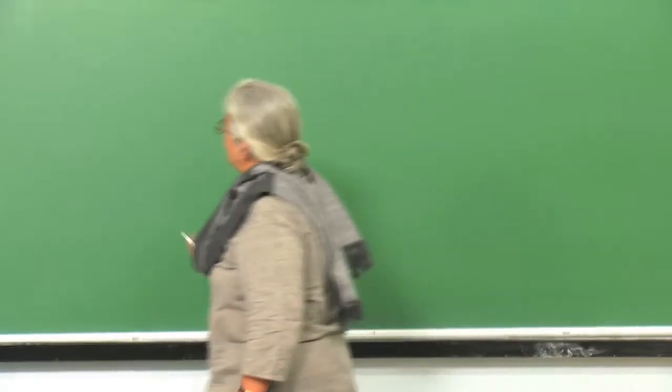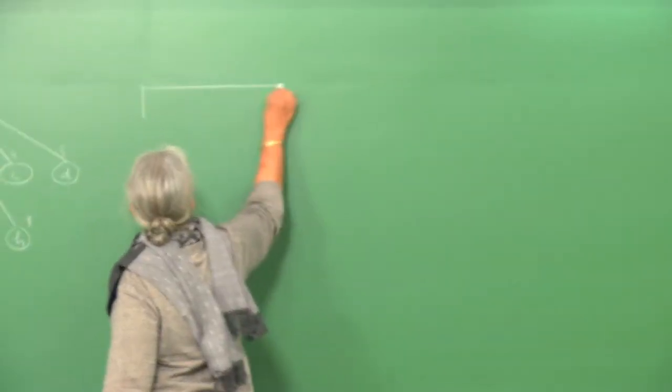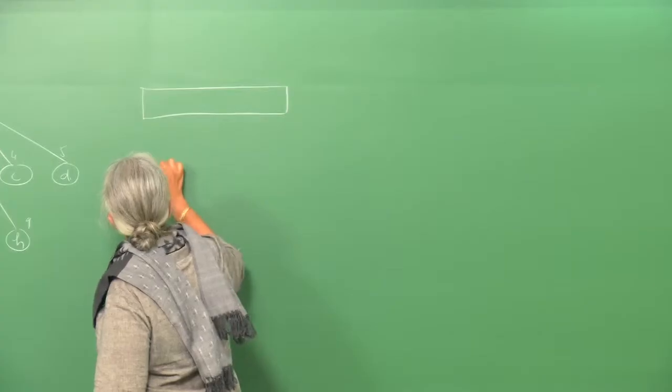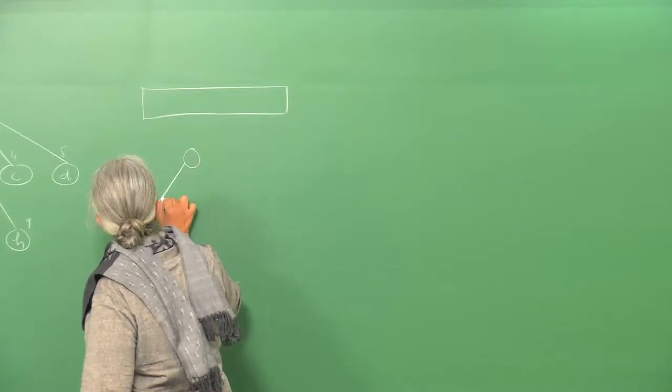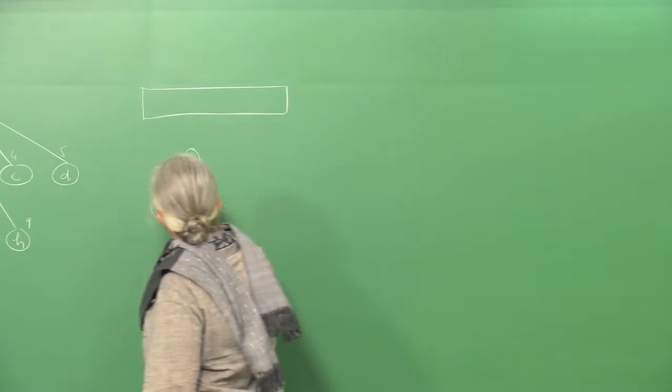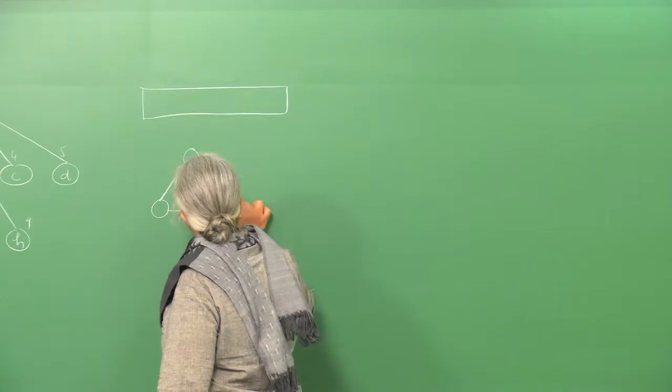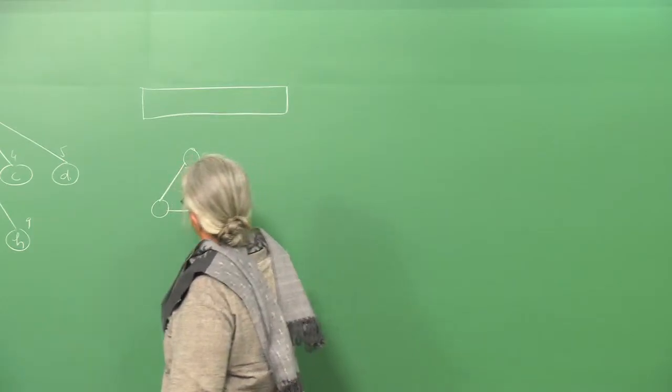You can use an array representation, or you can use what is called the leftmost child right sibling representation, which is how any general tree is represented.